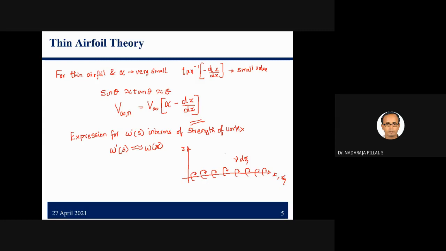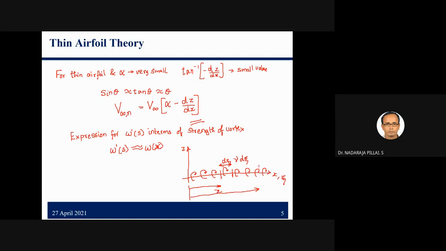So we consider zeta as another term in order to represent the strength of the vortices, right? So say for example, from here it goes an elemental distance. I will take this elemental distance as d zeta, and we already know the total distance is x, right?